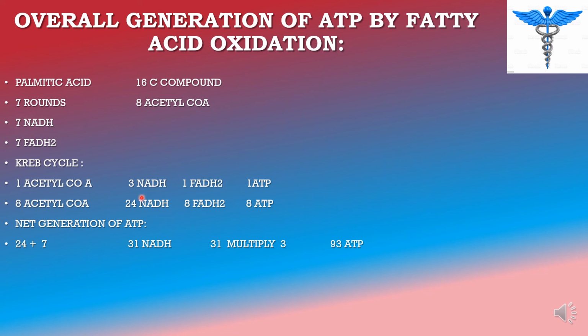So we add 24 with 7 and we get 31 NADH. This 31 will be multiplied by 3 because 1 NADH gives 3 ATP. So 31 NADH will give us 93 ATP.